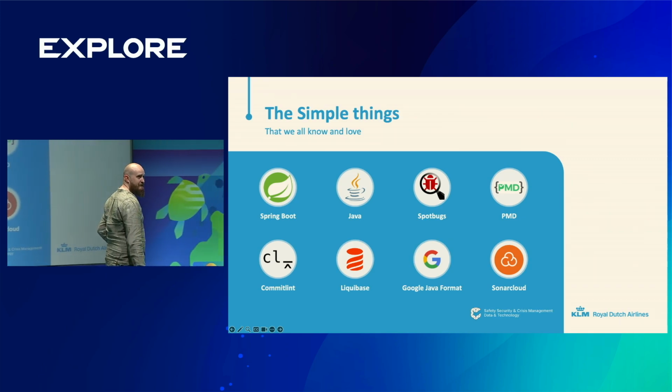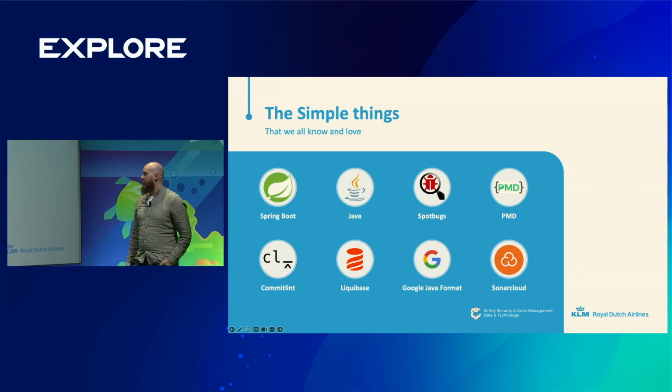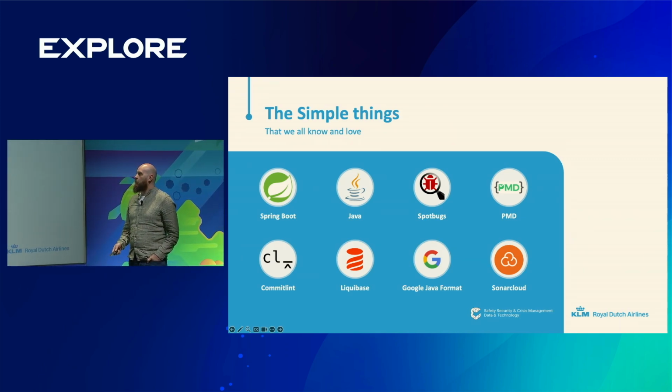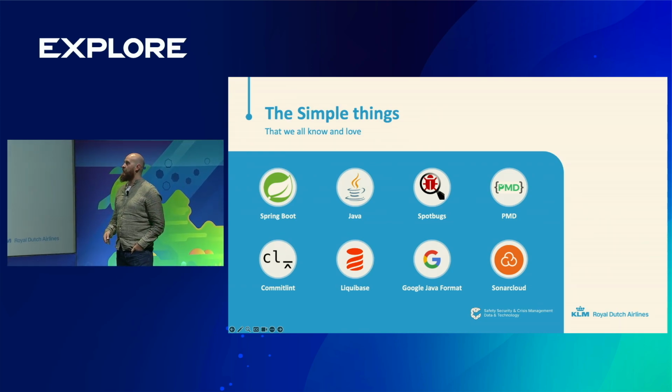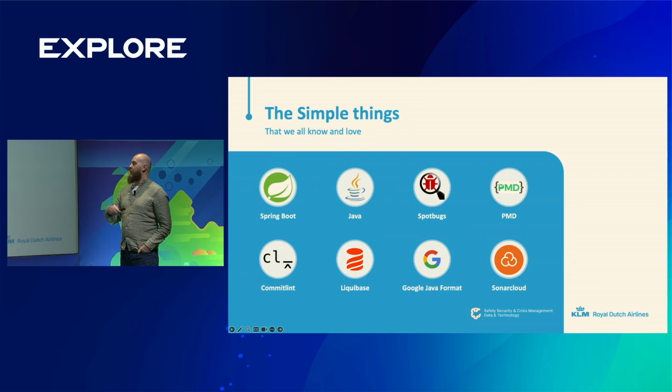Well, you just write code that isn't bad, right? Or at least you put all of the best practices in place to make writing bad code hard. So the de facto standard for us was Spring Boot.